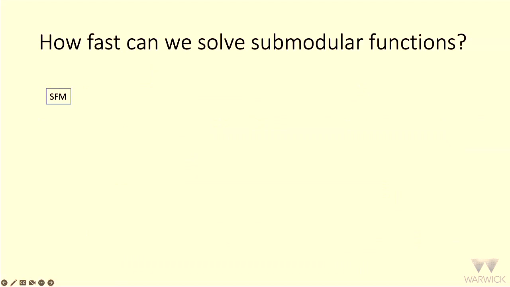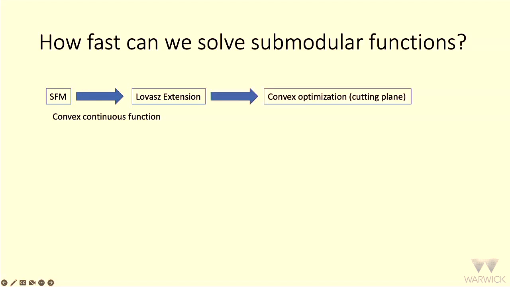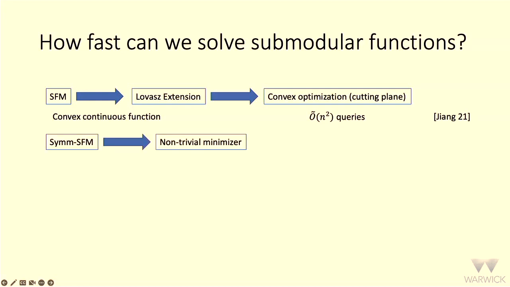And let's see what is known about it. For submodular functions, it is known for a very long time that you can extend it to a continuous version by something called the Lovász extension. Then you can solve it by using the tools of continuous optimization, especially convex optimization, and you get an n-squared query runtime. For symmetric submodular functions, where you have to output something called the non-trivial minimizer, it's not obvious whether you can use this to output a non-trivial minimizer.